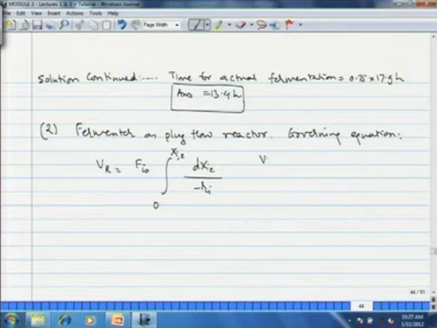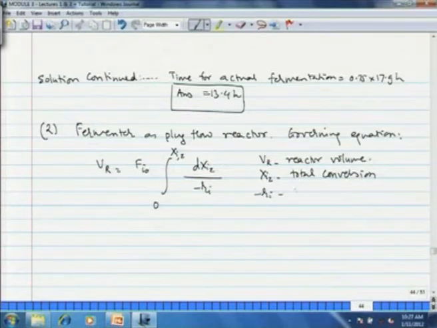Now, the notations are: VR the reactor volume, then xiz the conversion, total conversion obtained, minus Ri is the rate expression, and Fi naught is the volumetric flow rate of the reactant.